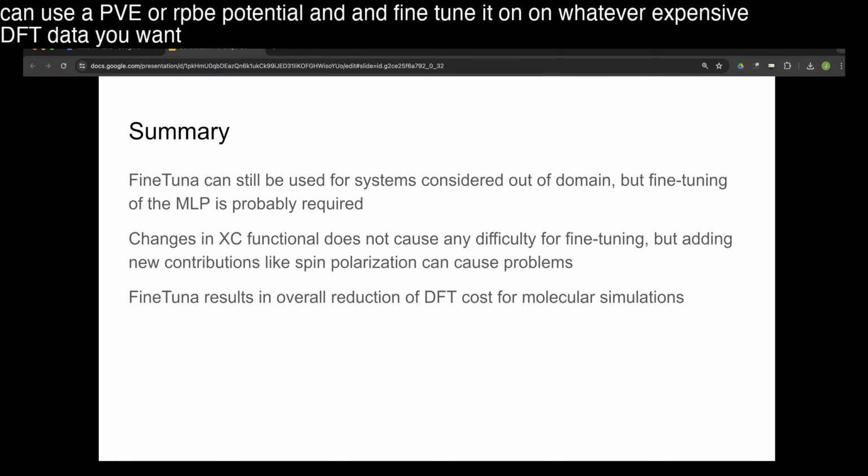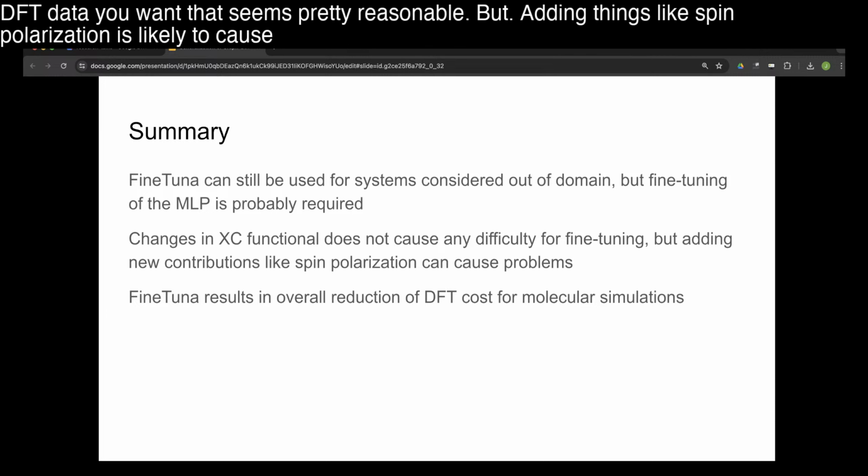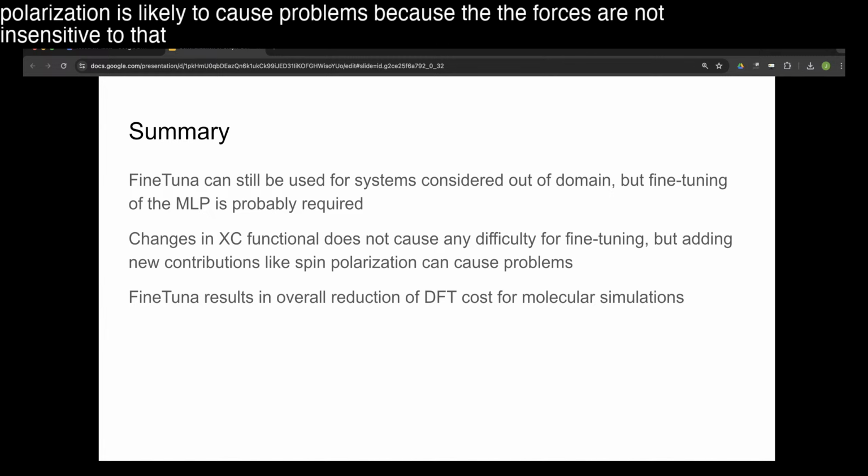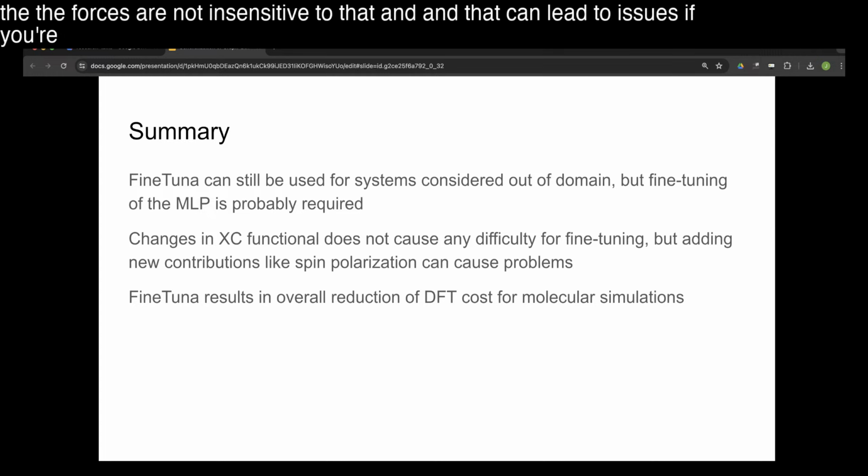That seems pretty reasonable. But adding things like spin polarization is likely to cause problems because the forces are not insensitive to that, and that can lead to issues if you're trying to do that.